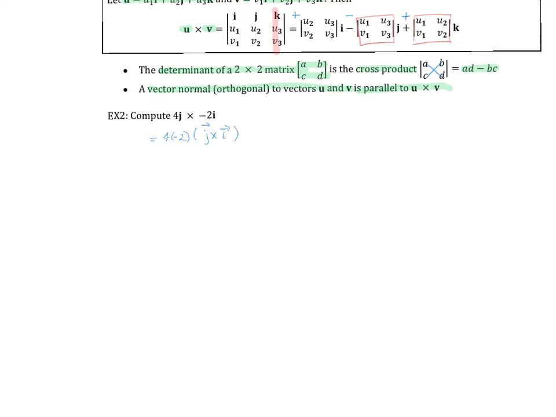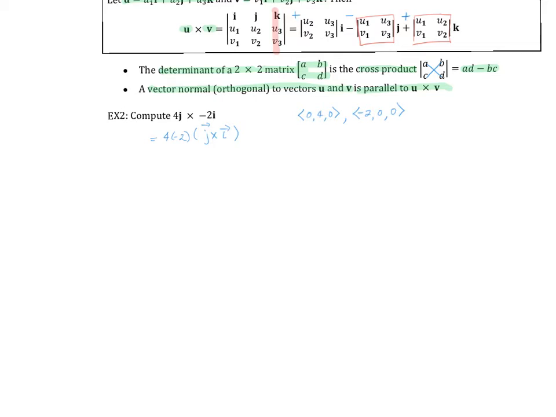So I actually don't have to compute. What would 4j be? That would be 0, 4, 0. And then negative 2i would be negative 2, 0, 0 if I was writing it in terms of its components. So I could do that, then I could do the cross product. However, since I already know that this is 4j cross negative 2i, I can use the earlier properties.